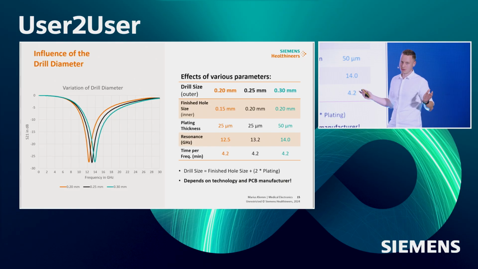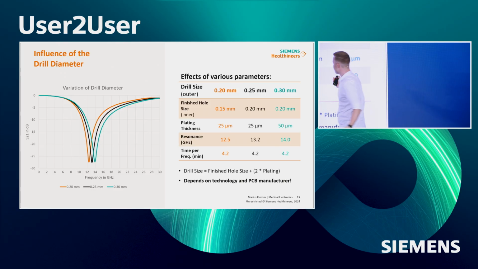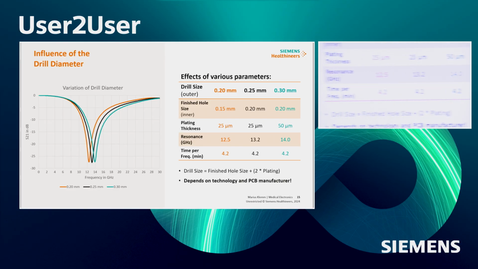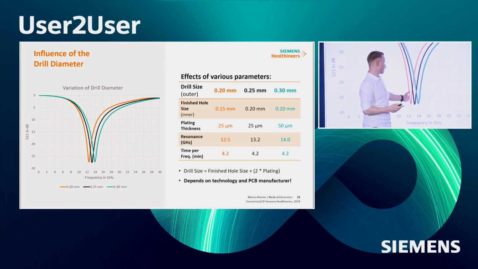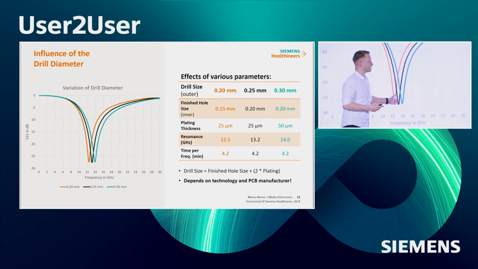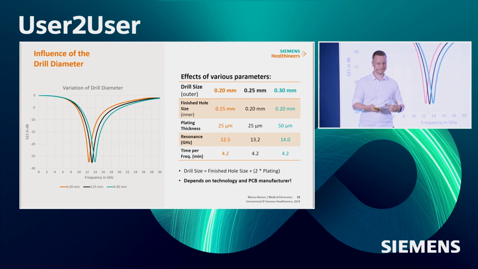They have their room. They have no other requirements, and they just use it. It's even cheaper for them to use a 0.3 millimeter drill, so they may use it. The problem is if we're using the bigger drill or the smaller drill, we are varying here. I want to be precise and not have anything vary.